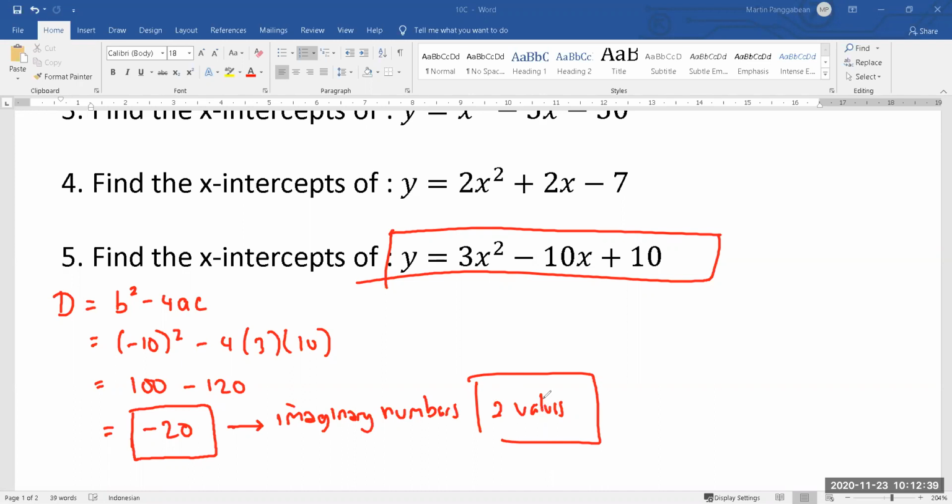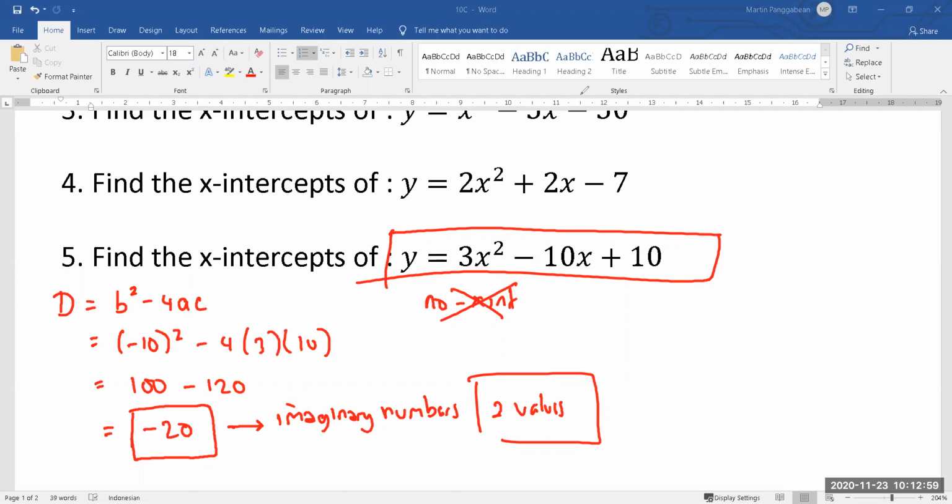Therefore, starting from today, you cannot say the answer is no x-intercept. This is not acceptable. You have to go further. So how do we go further?